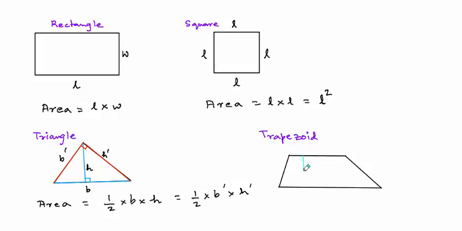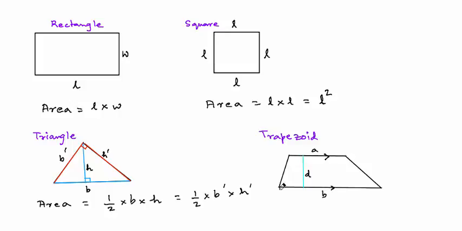Let's say the distance between the two parallel sides on a trapezoid is d, and the length of the smaller parallel side, this is parallel to this, and obviously the two other sides are not parallel to each other. Let's say the length of the smaller parallel side is a, and the length of the larger parallel side is b.